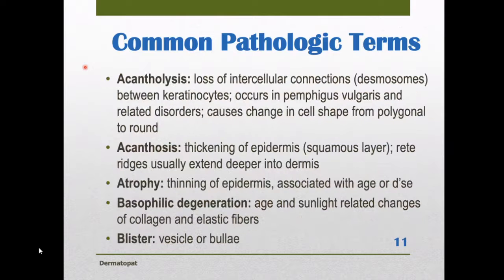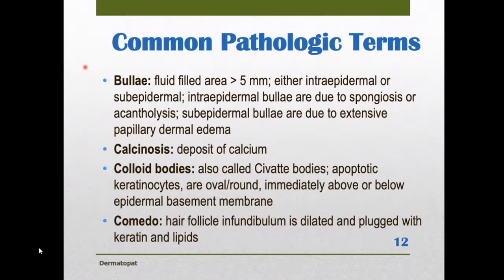So a bulla is larger than the vesicle itself. So if the vesicle which is filled with a fluid is more than 5 millimeter diameter, then it will no longer be called a vesicle. It is better to call it a bulla.